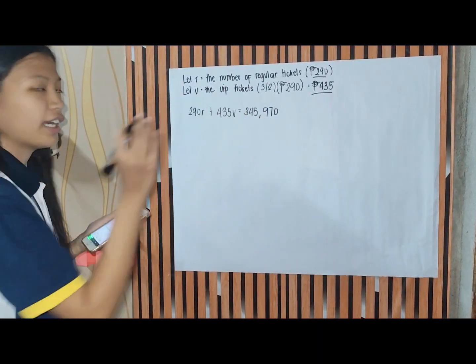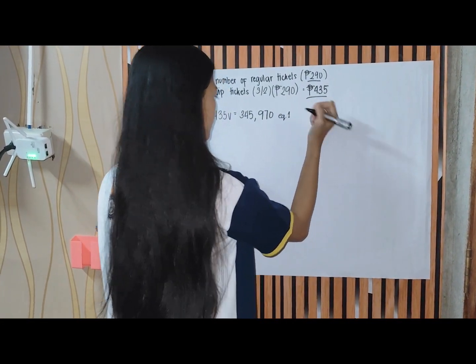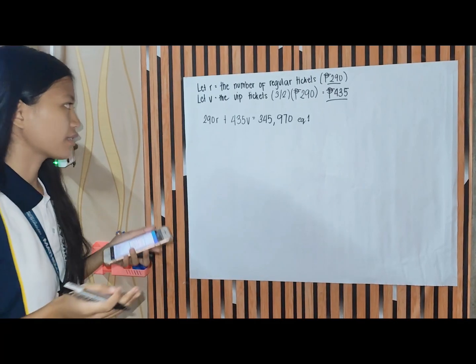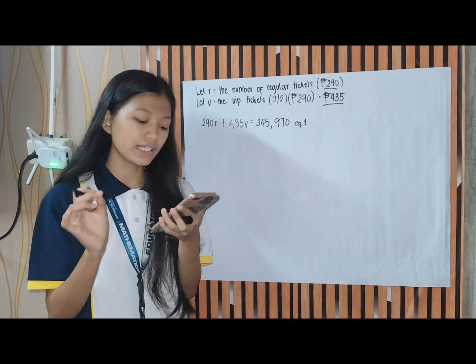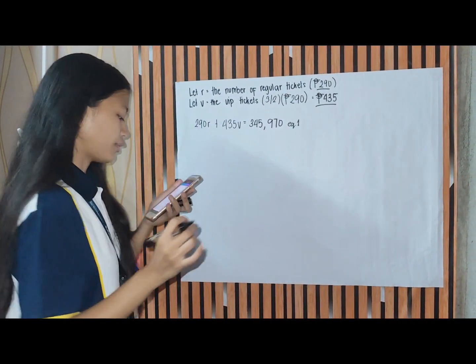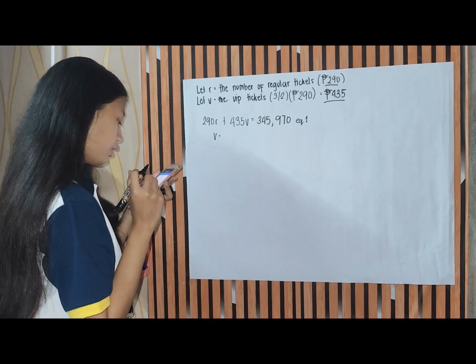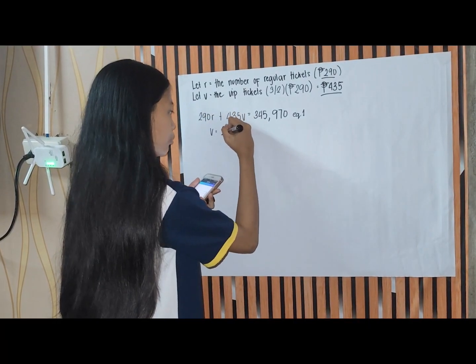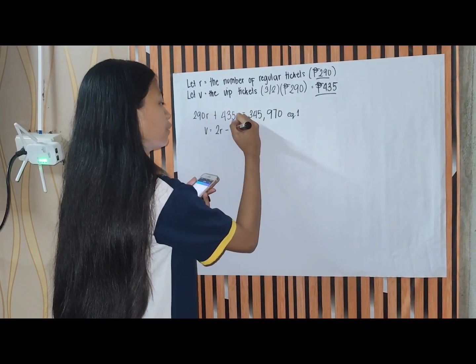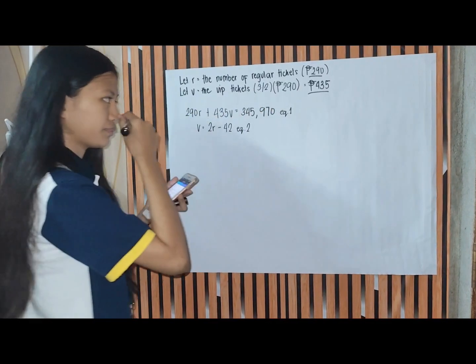So this is our equation number 1. And the second equation: it also states there that the number of VIP tickets sold is 42 fewer than twice the number of the regular tickets. So let's write that down. B is equal to 42 fewer than twice the regular ticket, 2R minus 42. So this is our equation number 2.